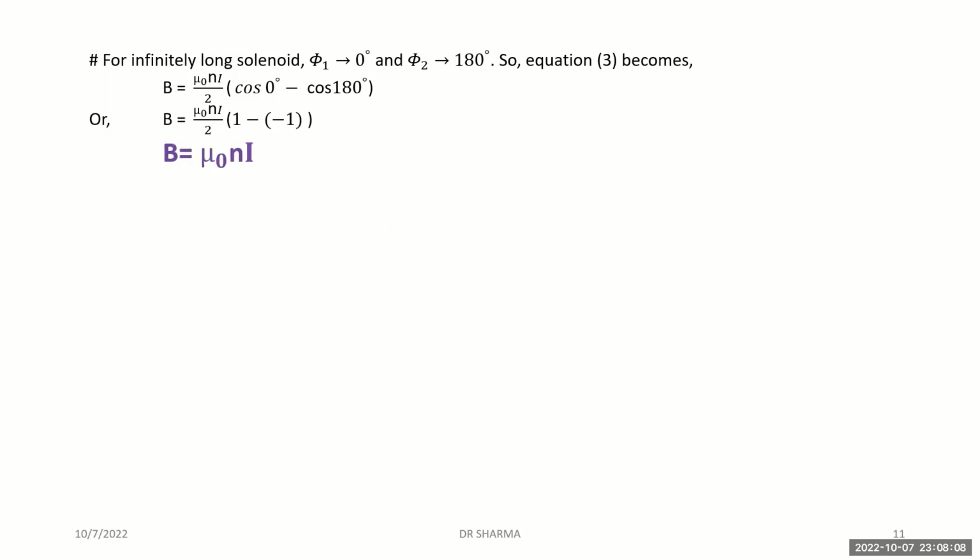Substitute their values and get the result B is equal to mu naught n I. Remember, this mu naught is permeability of free space, meaning the inner part of the solenoid does not have any solid or any other medium, just an air cored solenoid. n is number of turns per unit length of the solenoid, I is current, which all are constant.